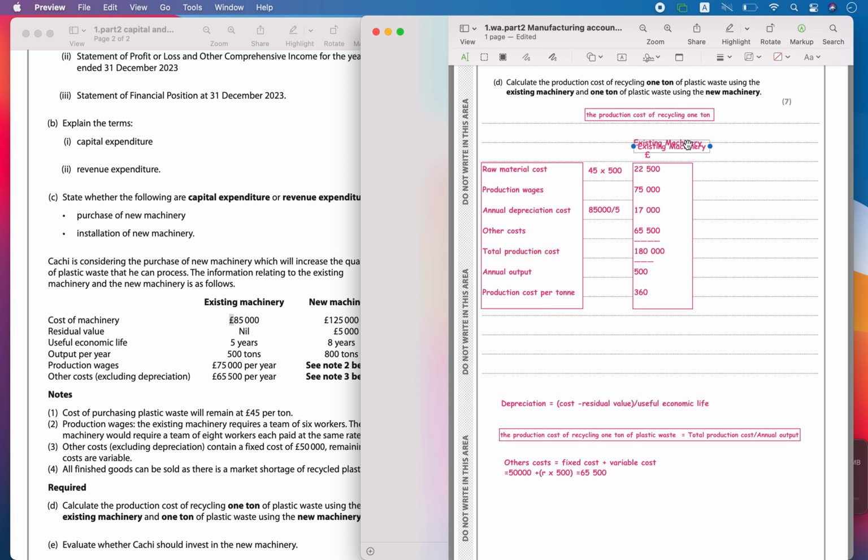Now for the new machinery, let's do the same thing and see how much it comes to. What is the raw material cost?